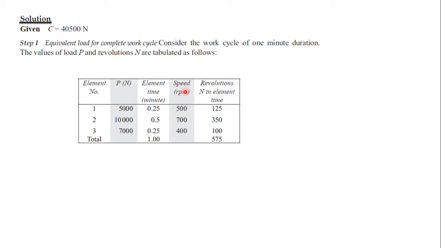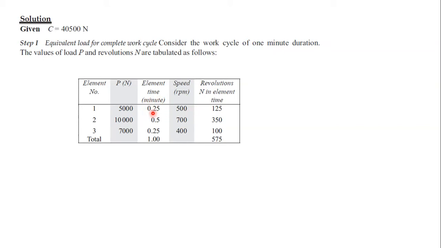And speed is given for each element: for the first element 500, second 700 and third 400. So the 500 rpm is the speed given to you. Now how many revolutions have happened in 25% of the time?